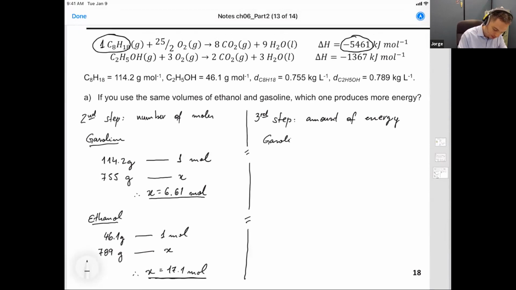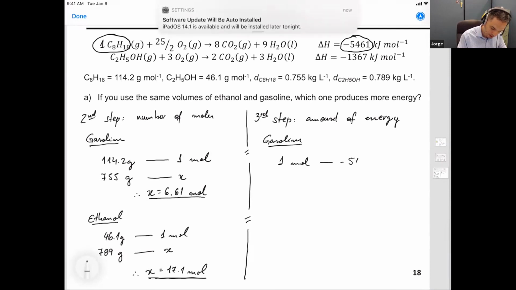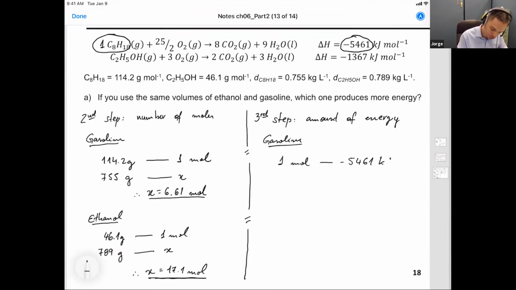So let's do this correlation. 1 mole produces 5,461 kilojoules in 1 liter, which is what we want to know. Therefore, 6.61 mole, we are going to produce an amount of energy that I'm going to call X.